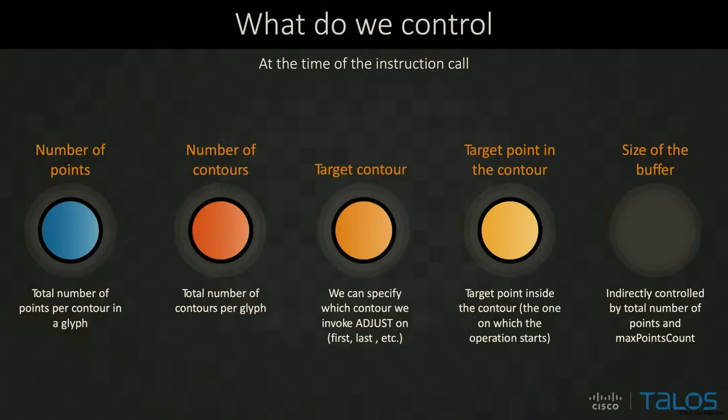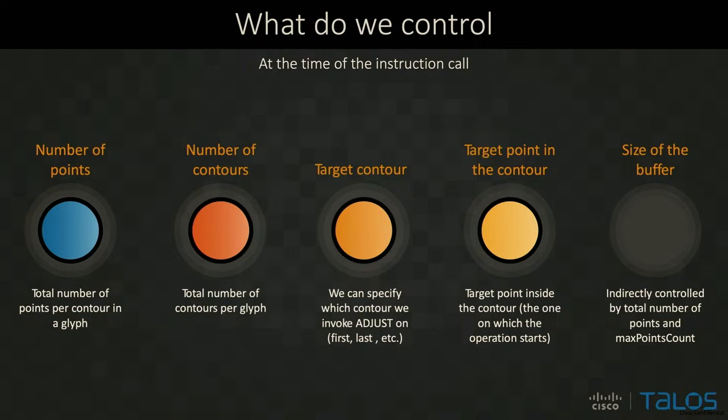At this point, we control a number of things. Just because we're supplying the whole font file, we control the number of points directly in each glyph and how many glyphs there are. We control the number of contours. These all feed into the execution of the function. We can control which contour is the target one to manipulate, the first one, the last one, the one in the middle, and so on.